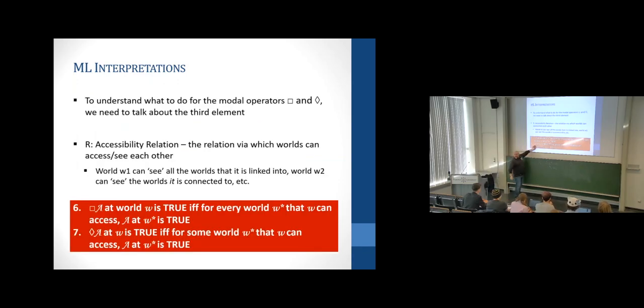Remember, a diamond claim is true at a world if and only if there is some world that it can see. So if there's no seeing, then there's no possibilities. Not even what's true at a given world would be possible relative to it, because it can't see itself. It can't access itself. So these are off the table, basically.